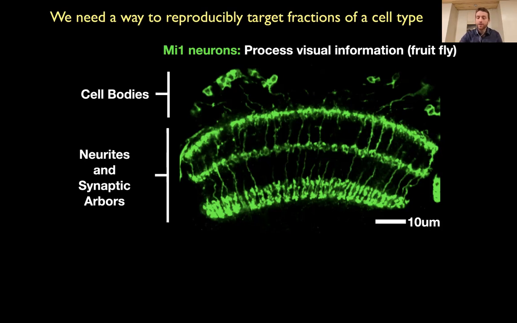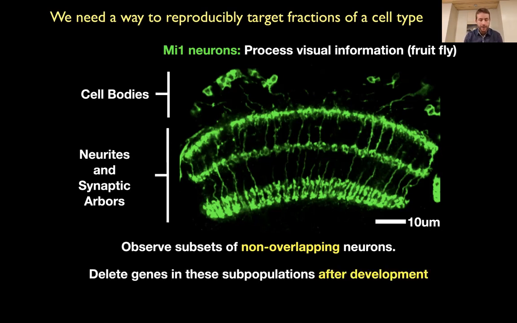I wanted a way to reproducibly target non-overlapping neurons in this population and any population. And I also wanted a way to delete genes in these neurons after development to determine how the adult neuron uses these genes. And again, to be clear, I wanted to be able to do this in any cell type in order to compare across neurons.